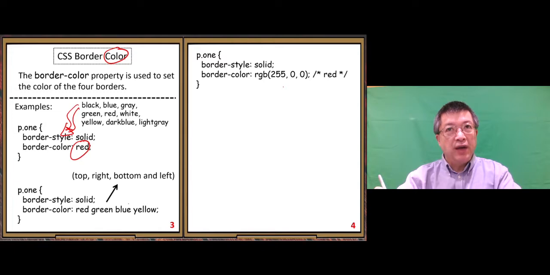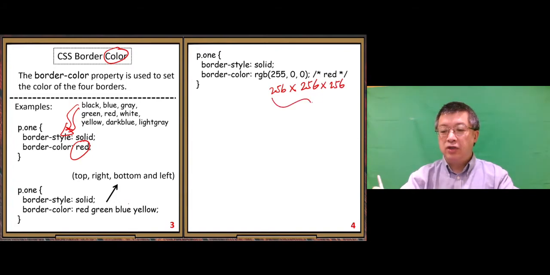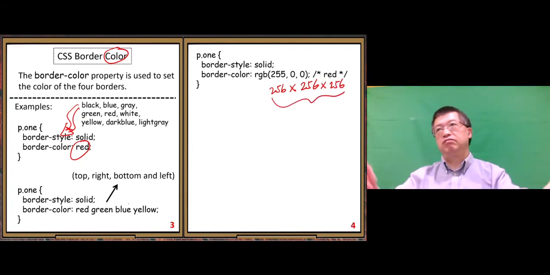Do multiplication. Each component, you have 256 choices. Second component, another 256 choices. The third component, another 256 choices. So that's the total number of different colors.